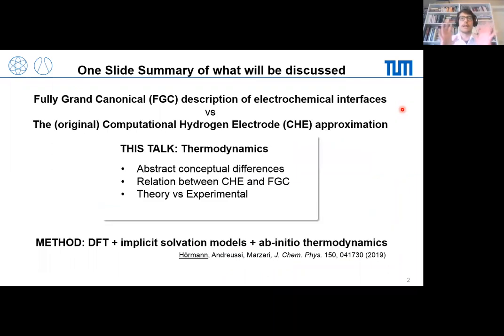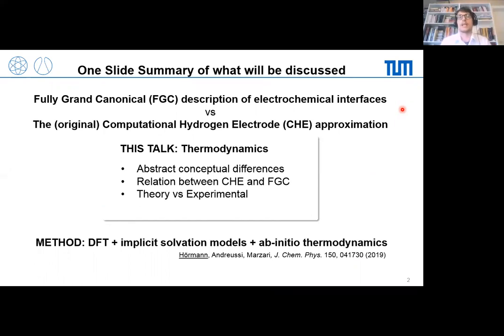So this is already the overview of my talk. This will be a nearly purely theoretical talk. I will mainly try to describe our idea of how these electrochemical interfaces can be described in terms of thermodynamics within a fully grand canonical description.